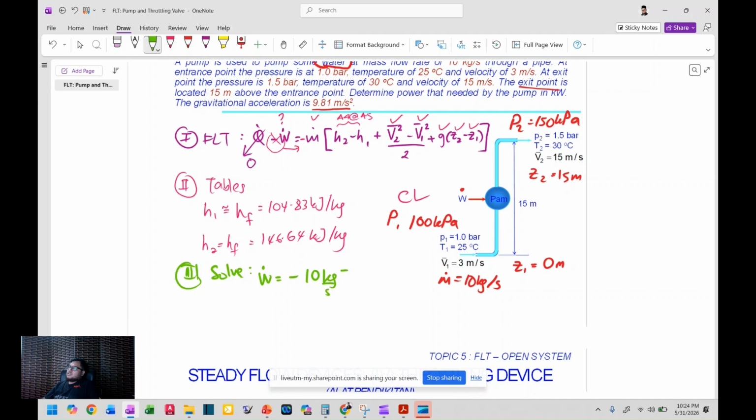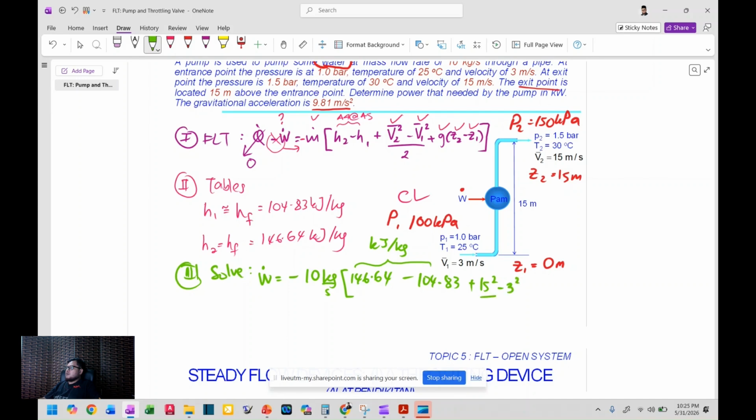And then H2 minus H1 is 146.64 minus 104.83. And then you have, oh, by the way, this is in kilojoule per kilogram. And then you have V2 squared, which is 15 squared, minus V1 squared, which is 3 squared.